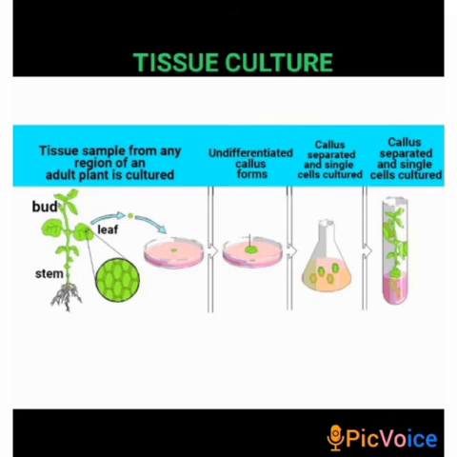The cells are then placed in an artificial medium where they divide rapidly to form a small group of cells called callus. You can see that in this picture. Look at the picture. The callus is transferred to another medium containing hormones for growth and differentiation. The plantlets are then placed in the soil so that they can grow into mature plants.